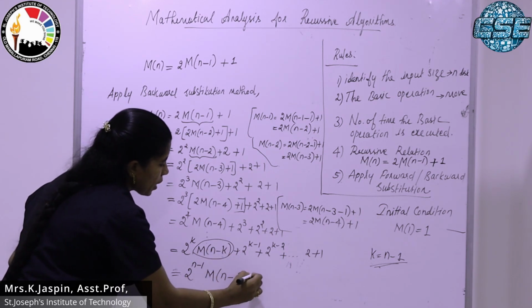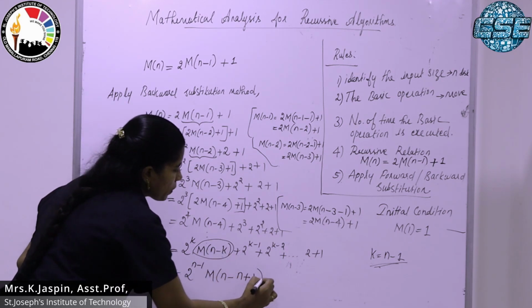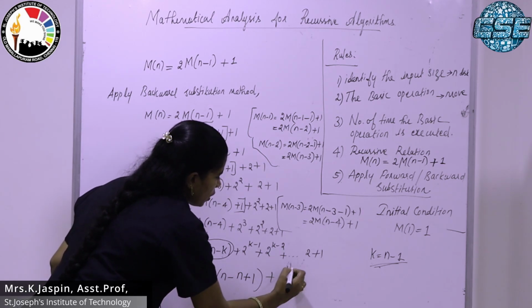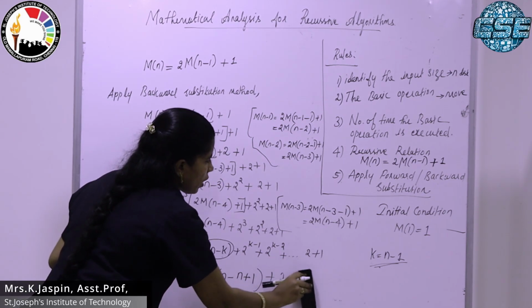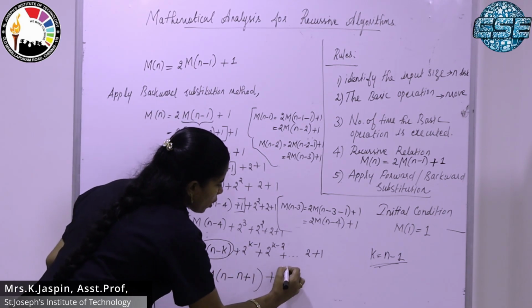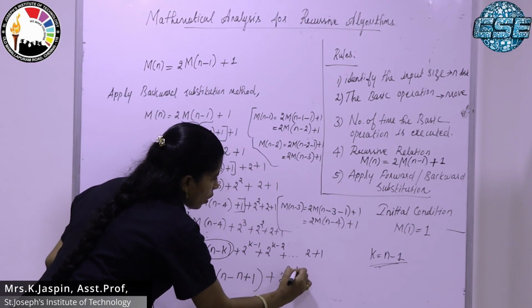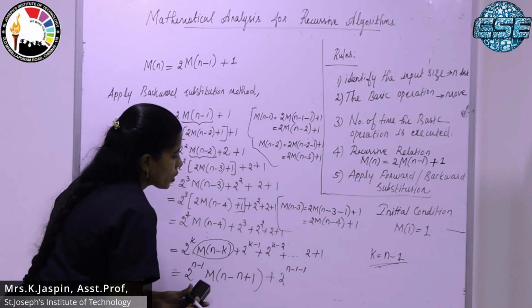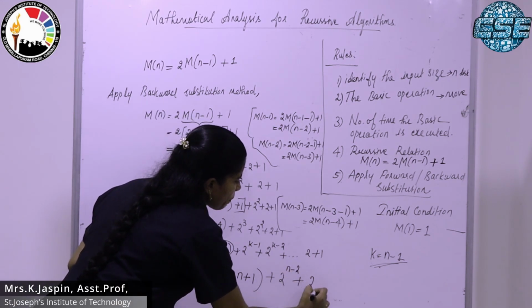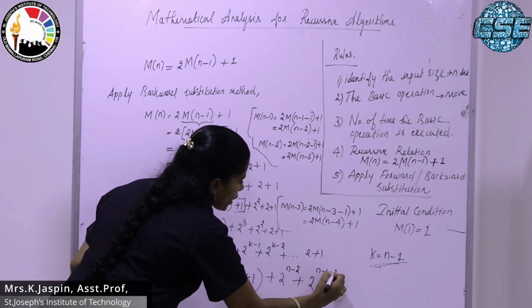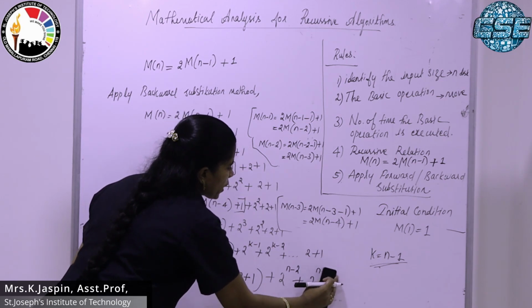So n minus n plus 1 we will be getting. So plus 2 to the power, if I am substituting n minus 1 in this term, I will be getting n minus 1 minus 1. So that is n minus 2. Then 2 to the power n minus 1 minus 2, that is n minus 3.